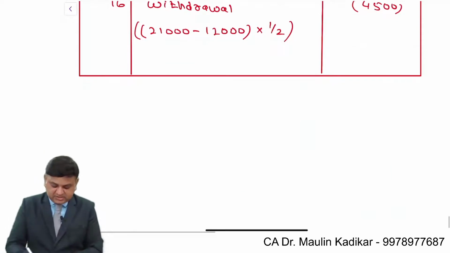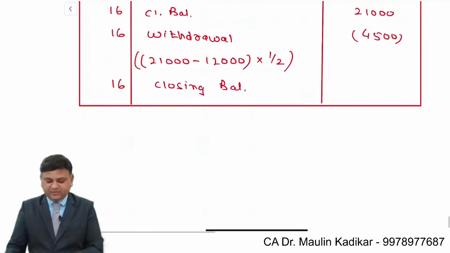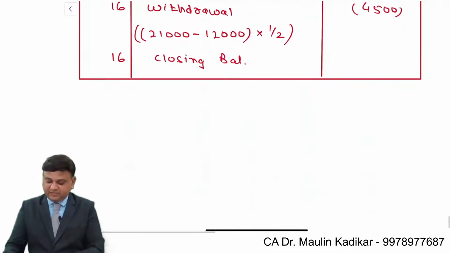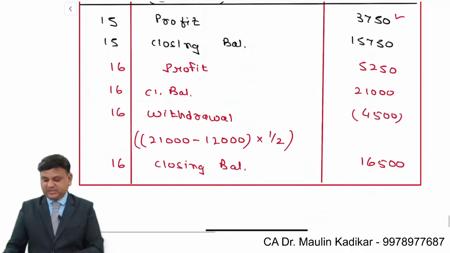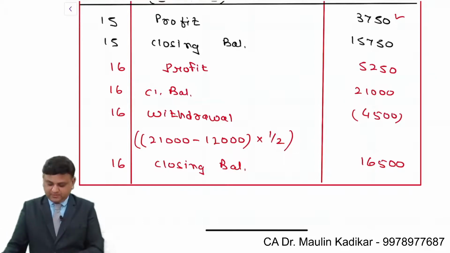That is the way on 16th we will find the closing balance. After withdrawal, the closing balance is 16,500. That is what we understand. Okay.